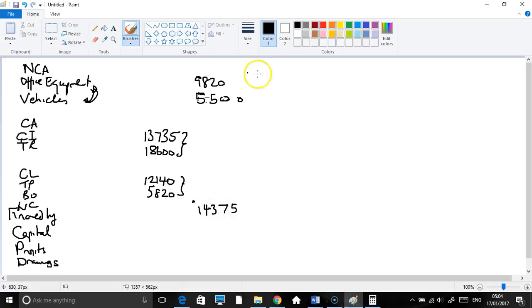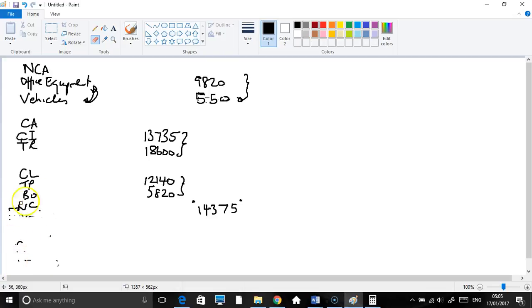Now what we do is we add our non-current assets to our working capital to get, I just don't have any space here. Let me get rid of that. I need space.